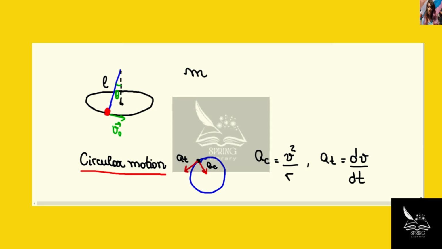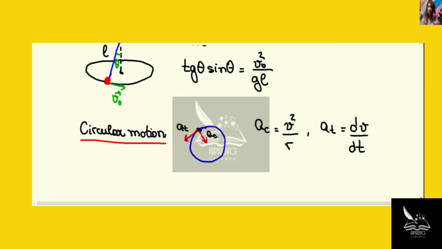Our goal is to prove that this relation is true: the tangent of theta times the sine of theta is equal to v0 squared divided by gL.